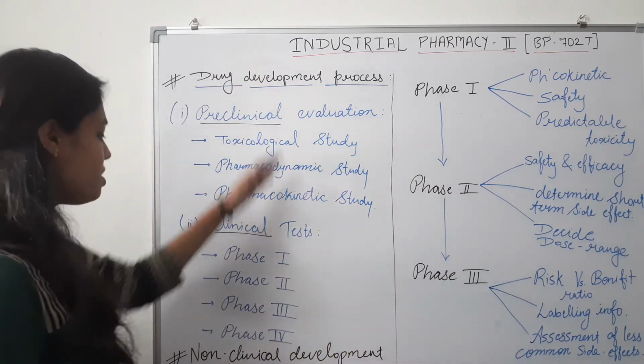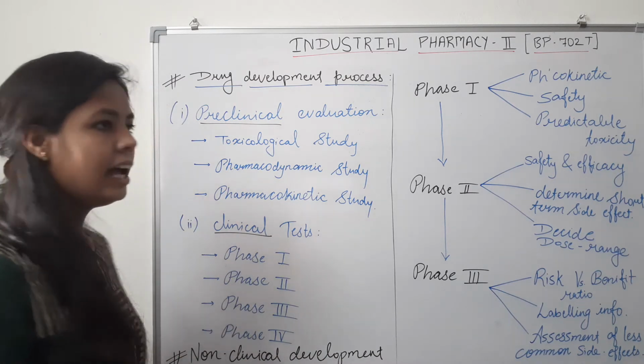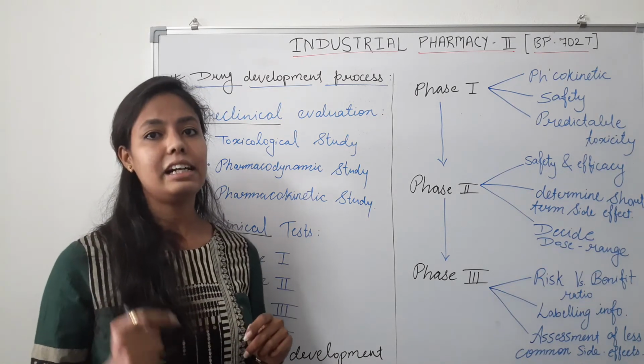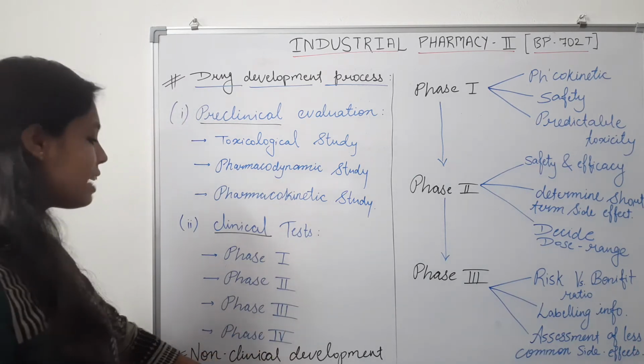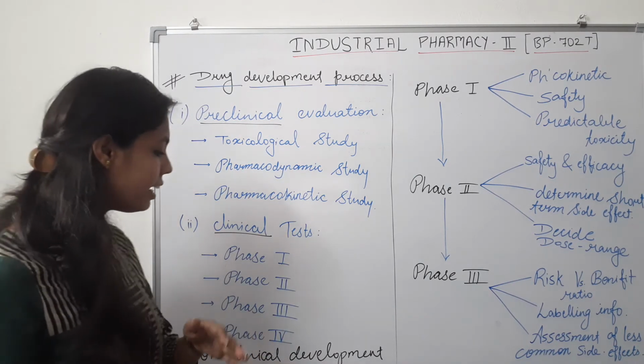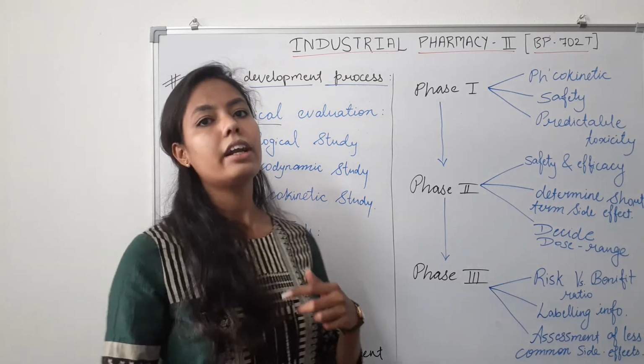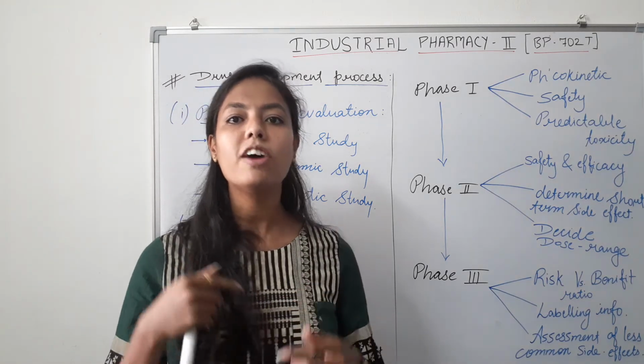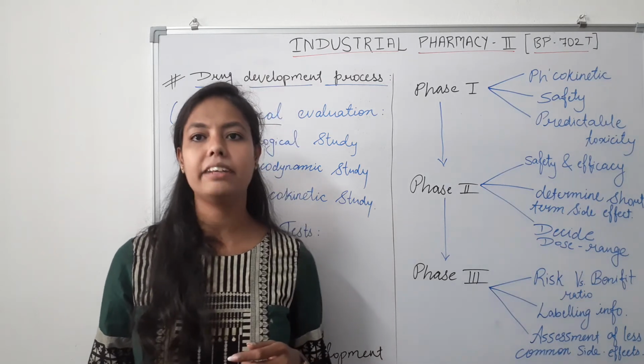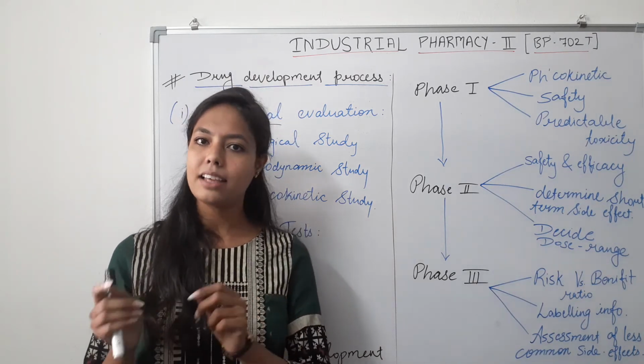After completion of the clinical trials, let's discuss non-clinical development activities. These are developed simultaneously while clinical trials are conducted. The innovator company also carries out a number of non-clinical development activities while the clinical studies are performed.